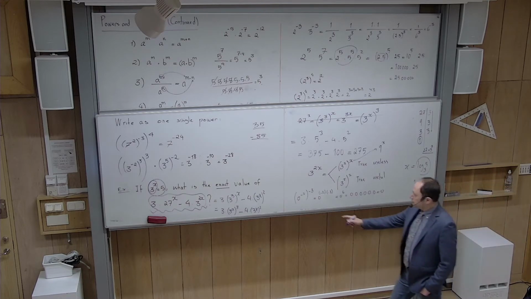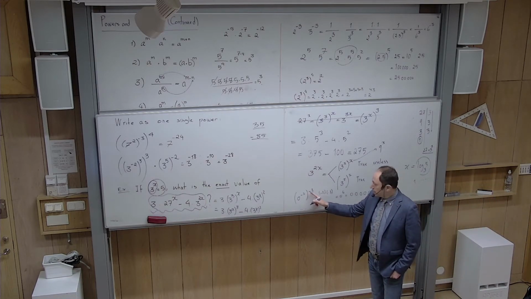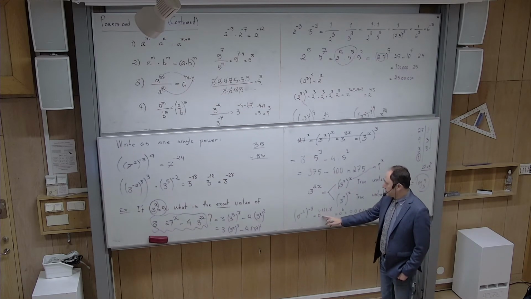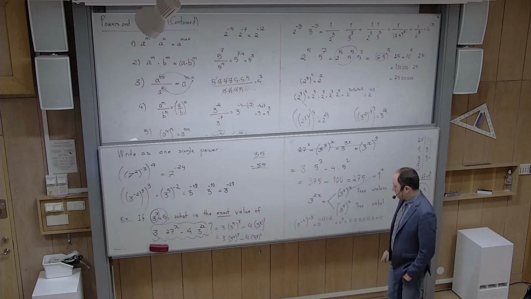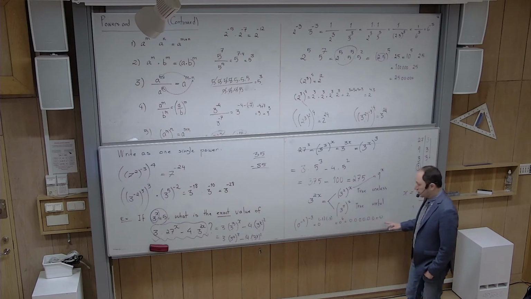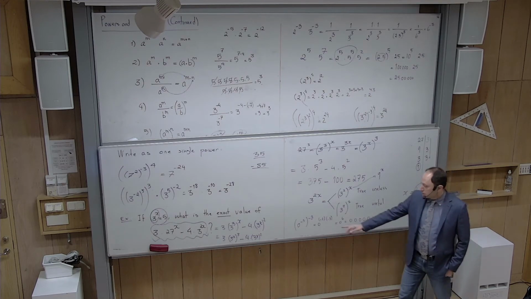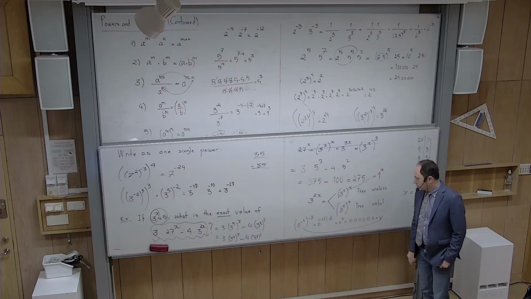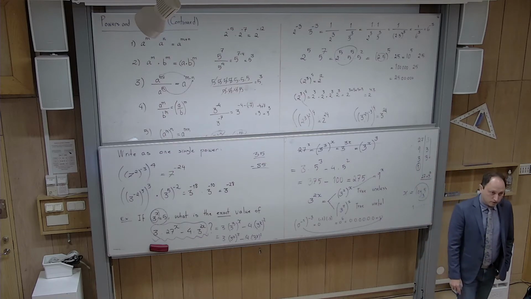So 0 to the power minus 2, to the power minus 3, according to the last rule, is 0 to the power of minus 2 times minus 3, but minus 2 times minus 3 is 6, and 0 to the power 6 is 0. So if I ask you, do you agree that this number that you have here is 0, what is your answer? This is false.